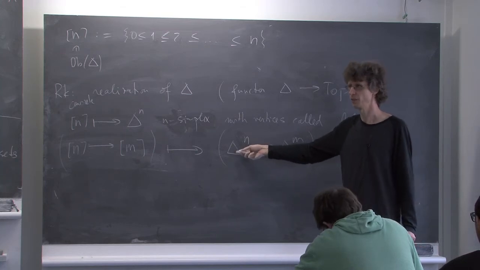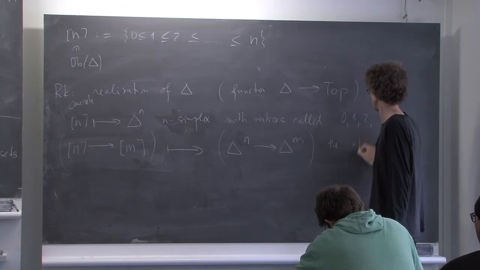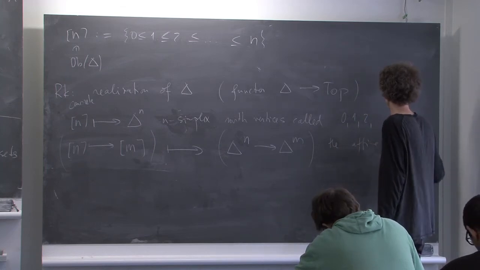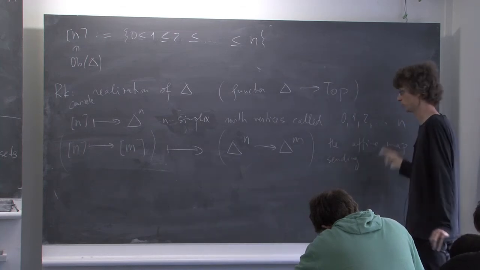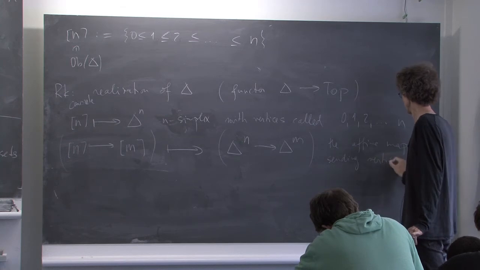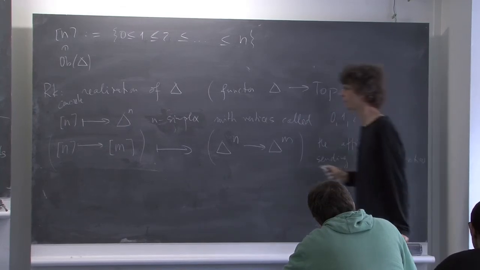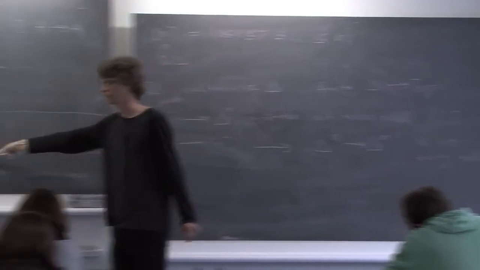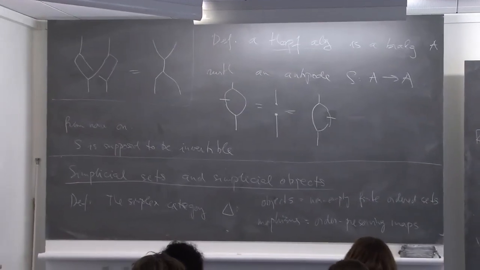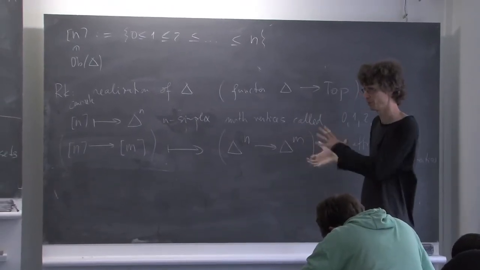It is just the affine map sending each vertex to its corresponding vertex. So all this delta thing is just some abstract way to think about simplices and faces of simplices, and possibly some degenerate maps of simplices, things that somehow collapse a simplex and things like that.